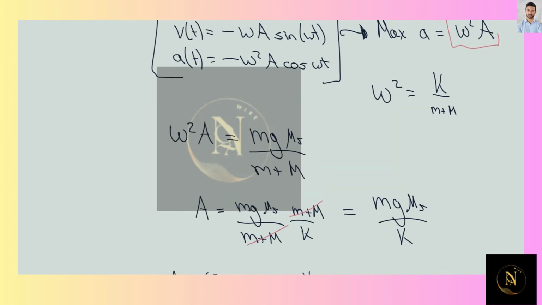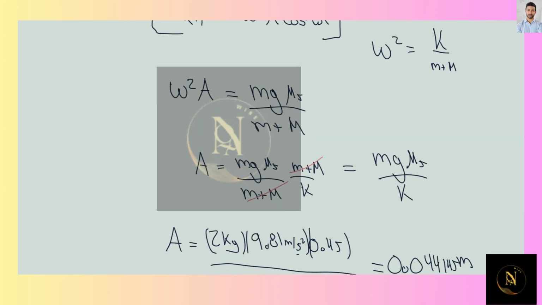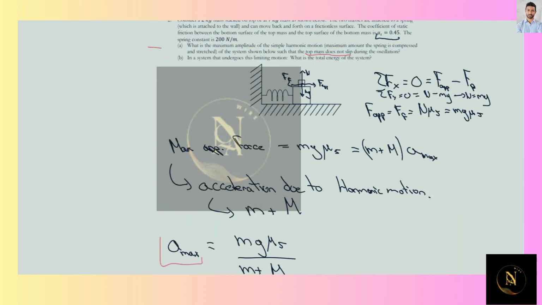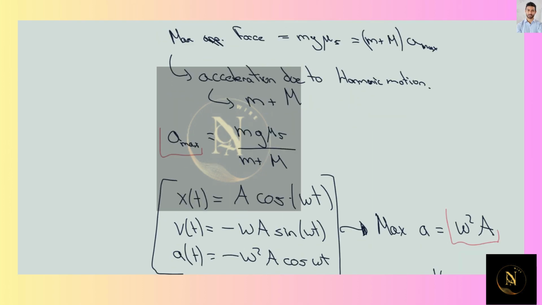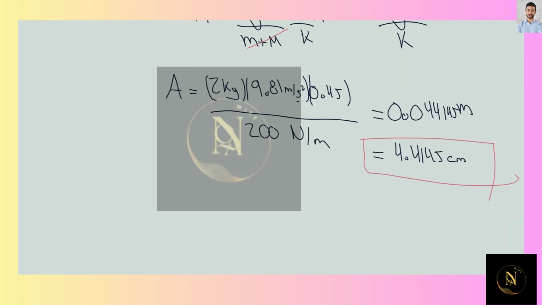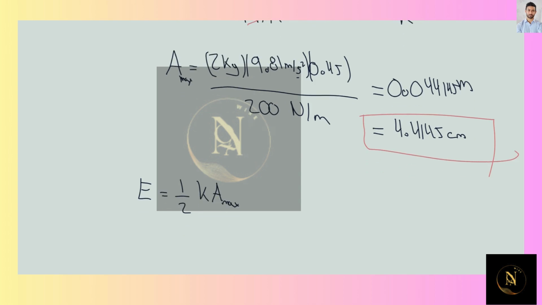And now for the energy. So far we have calculated the maximum amplitude, part A, and in part B we want to know the total energy of this system under these conditions. The maximum energy for this system is equal to 1/2 k times the maximum amplitude squared, the maximum potential energy we can have.